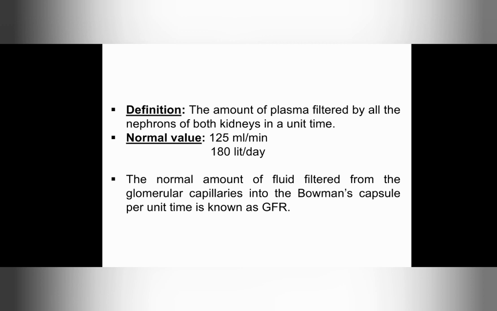What are the substances which are not filtered? These are mainly the plasma proteins, because of their large molecular size. These large proteins cannot go out through the sieve, the filtrating pores, and the blood cells also always remain in the blood. But almost all other substances, including water, glucose, and vitamins, will be filtered out by the glomerulus. That is the glomerular filtrate.